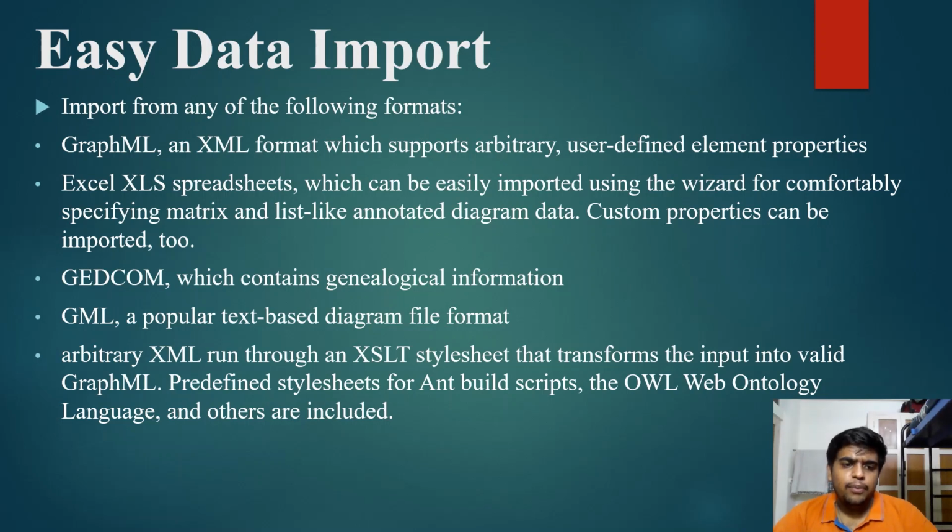You can also import GEDCOM, which contains genealogical information, GML, a popular text-based diagram file format, and an arbitrary XML run through an XSLT style sheet that transforms input into valid GraphML. Predefined style sheets for ANT build scripts, the OWL web ontology language, and others are also included.